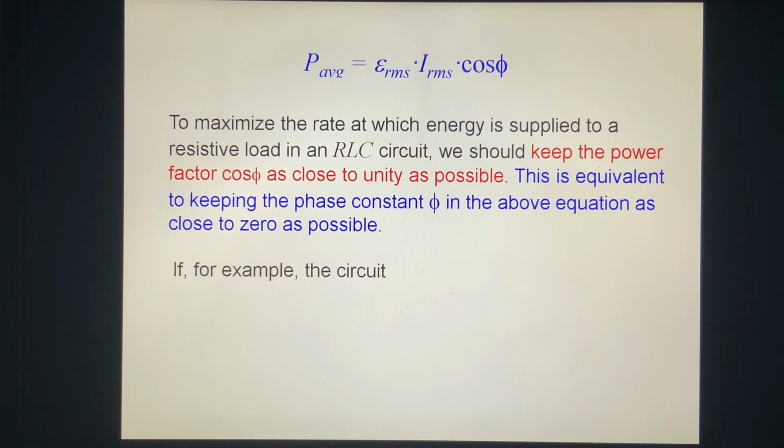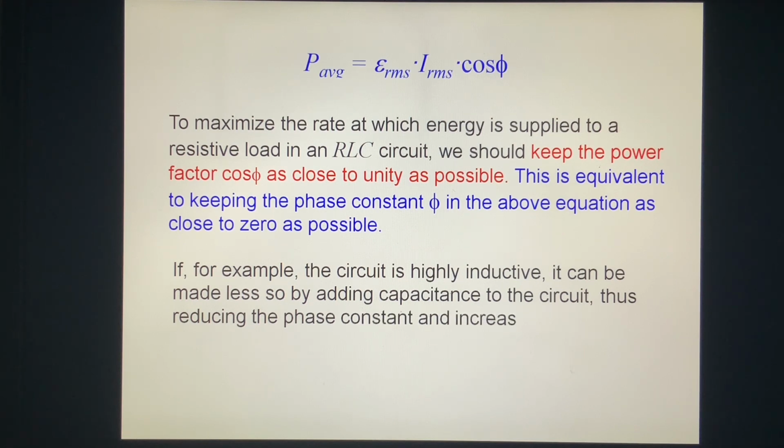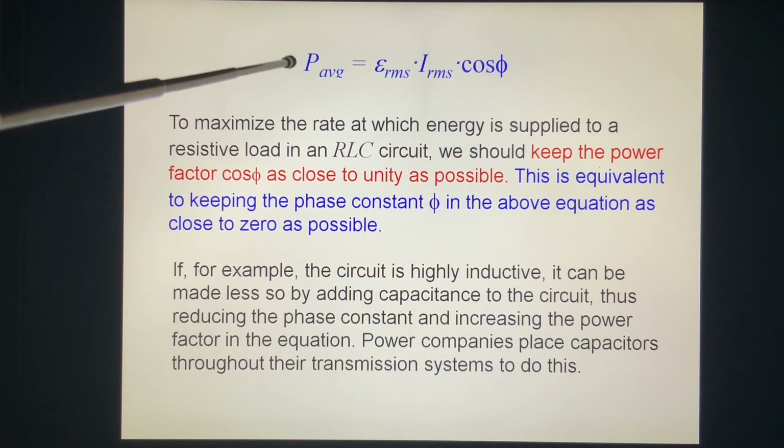If, for example, the circuit is highly inductive, it can be made less so by adding capacitance to the circuit, thus reducing the phase constant and increasing the power factor. Power companies place capacitors throughout their transmission system to do this. We want the power factor to be larger so we can deliver the energy from the factory to the consumer.